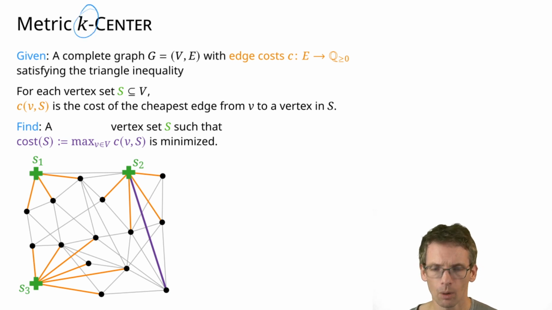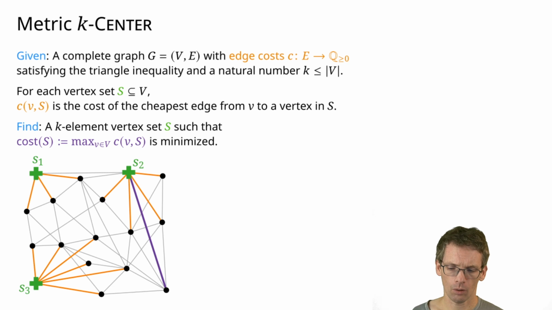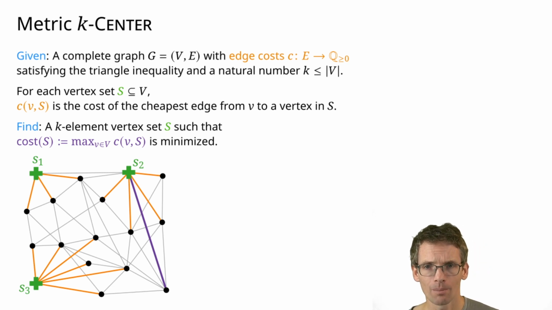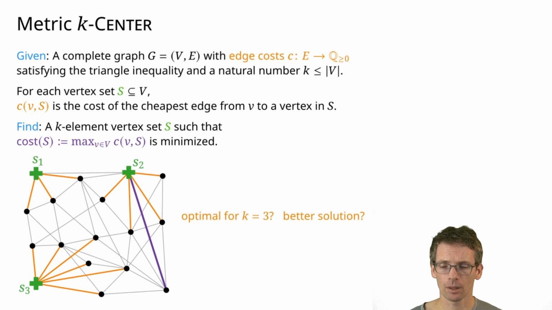The problem also has a parameter k as input, and we're looking for the set S of k elements, which minimizes the maximum distance to one of the centers. So in this example, k is 3, let's say.